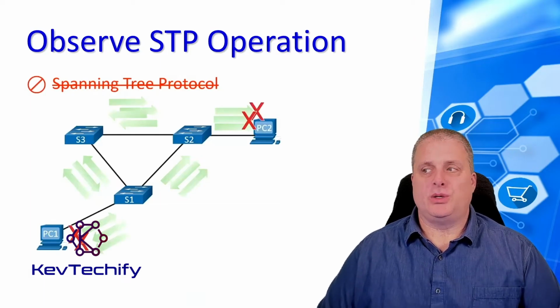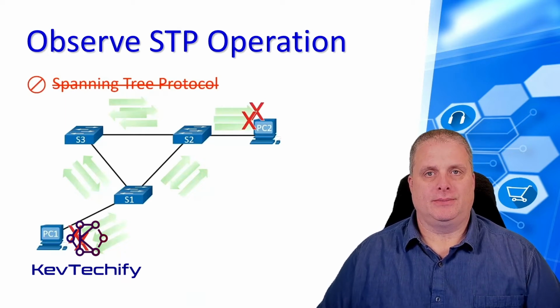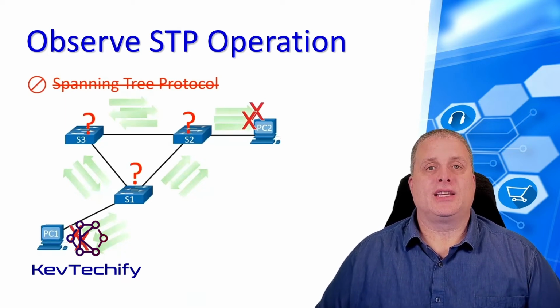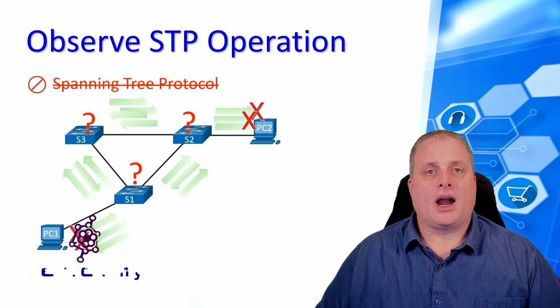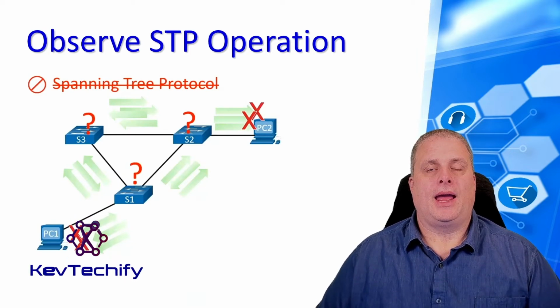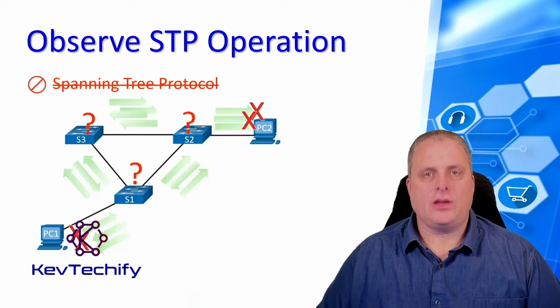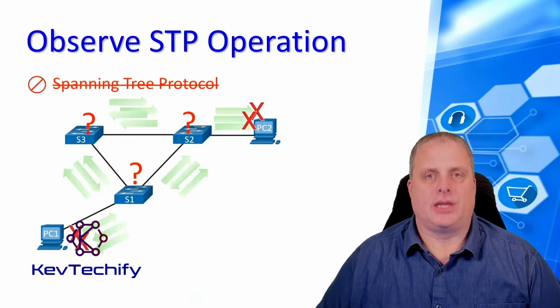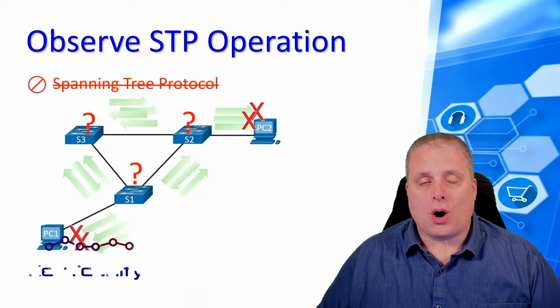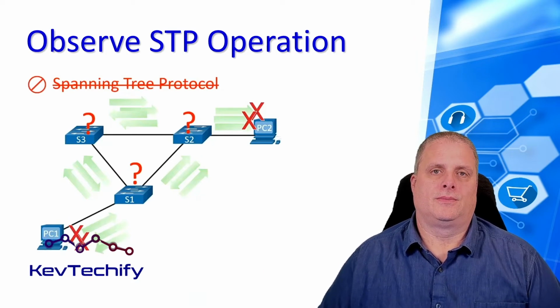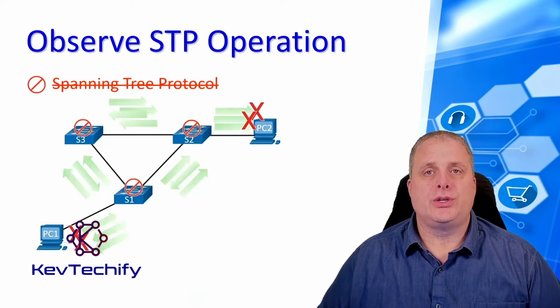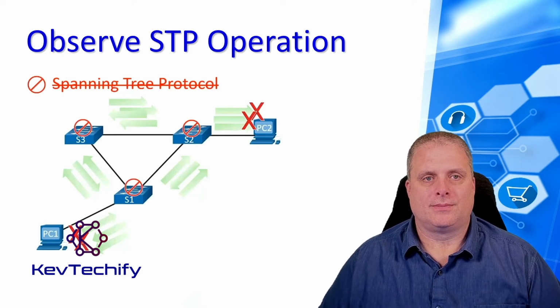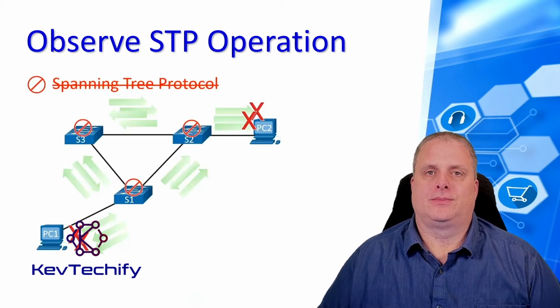PC1 and PC2 keep receiving duplicates, and S1, S2 and S3 are confused as their CAM tables continue to fluctuate, causing an instability in the MAC address table. This will eventually shut down all communication on the network, causing a layer 2 broadcast storm. This is what happens when we don't have the spanning tree protocol.